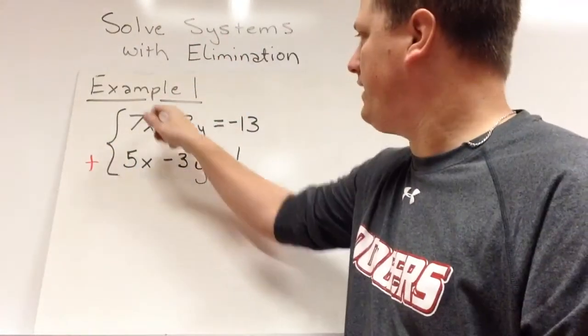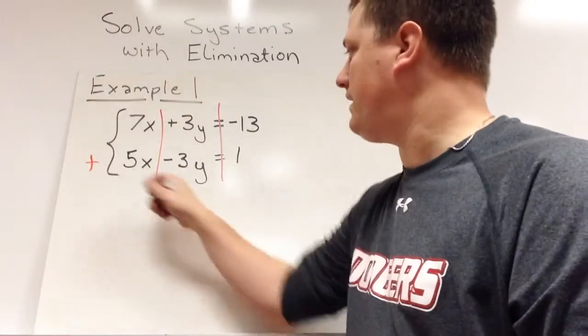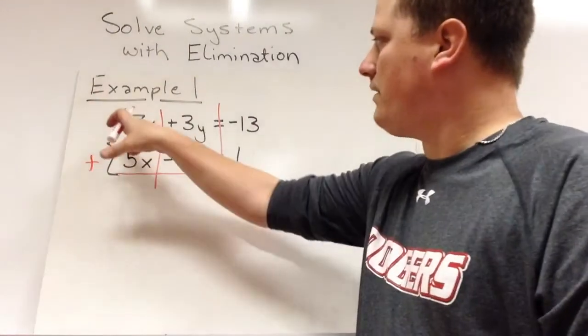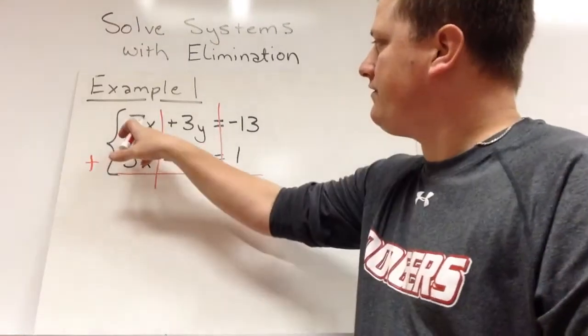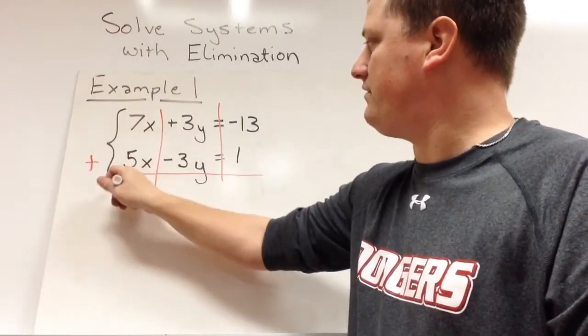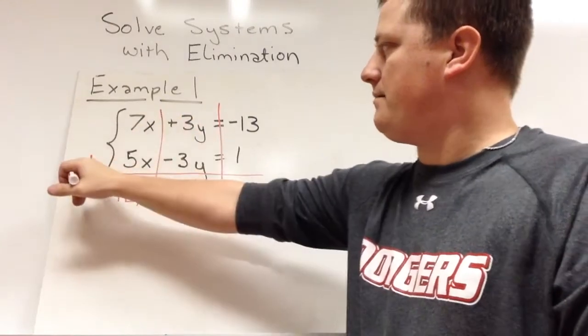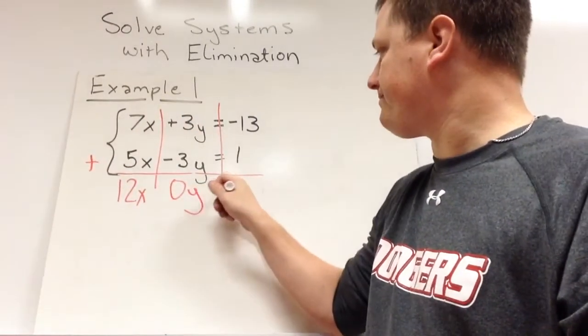What I like to do is put some lines down just to show me the sections that I'm going to be creating. So I'm going to take each section and add with it. 7x plus 5x is 12x. Positive 3y plus negative 3y is 0y.